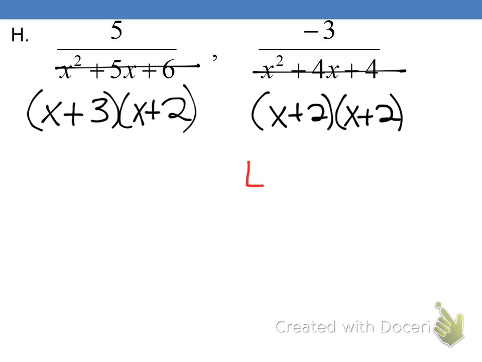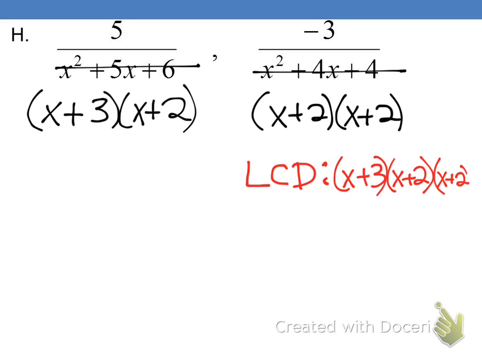So, to get my LCD, what do I need? I need an x plus 3. What else? An x plus 2. What else? I need another x plus 2. There's no way you can get rid of one of these x plus 2's.